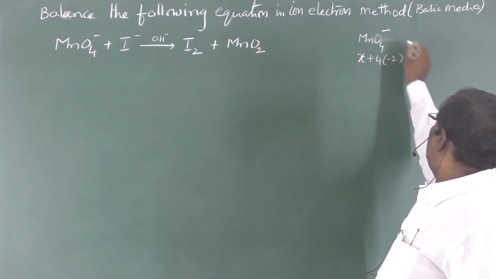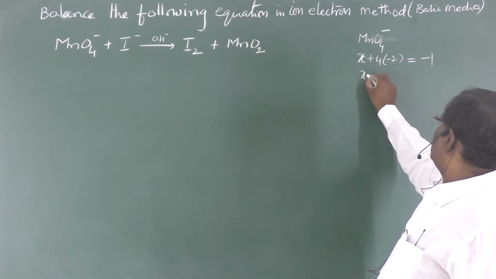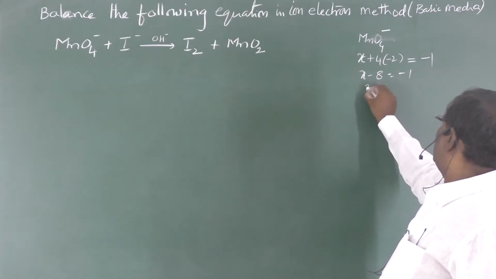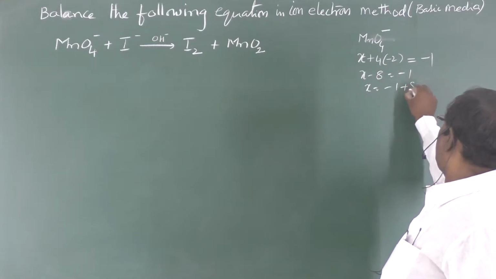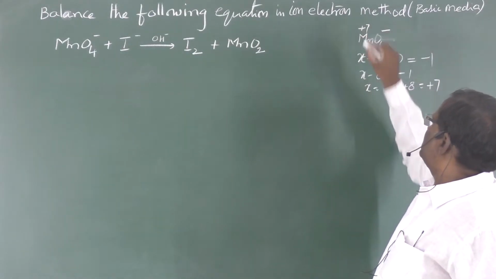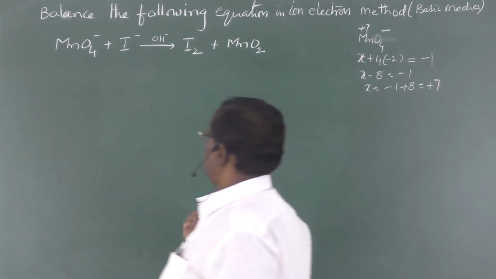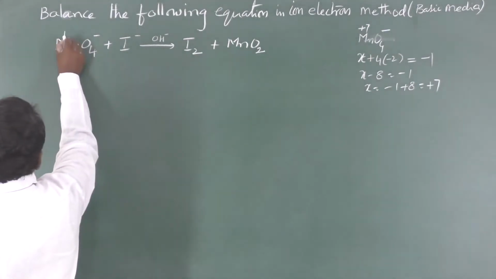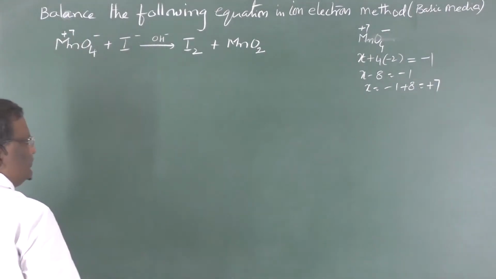So the sum is equal to -1. So X minus 8 is equal to -1, X is equal to -1 plus 8, that is +7. So in permanganate, the oxidation state of manganese is +7.